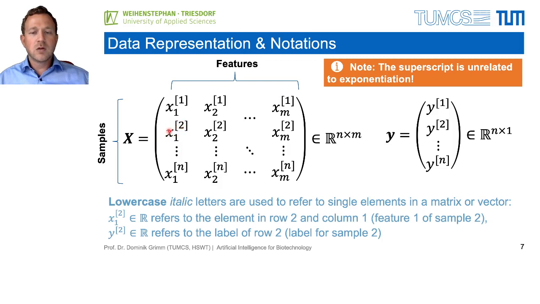So row 2, column 1, or sample 2, feature 1. And if we write y superscript 2, then we refer to the label of the second sample. Please also note that the superscript should not be confused with exponentiation. It's just a superscript that indicates the sample number.